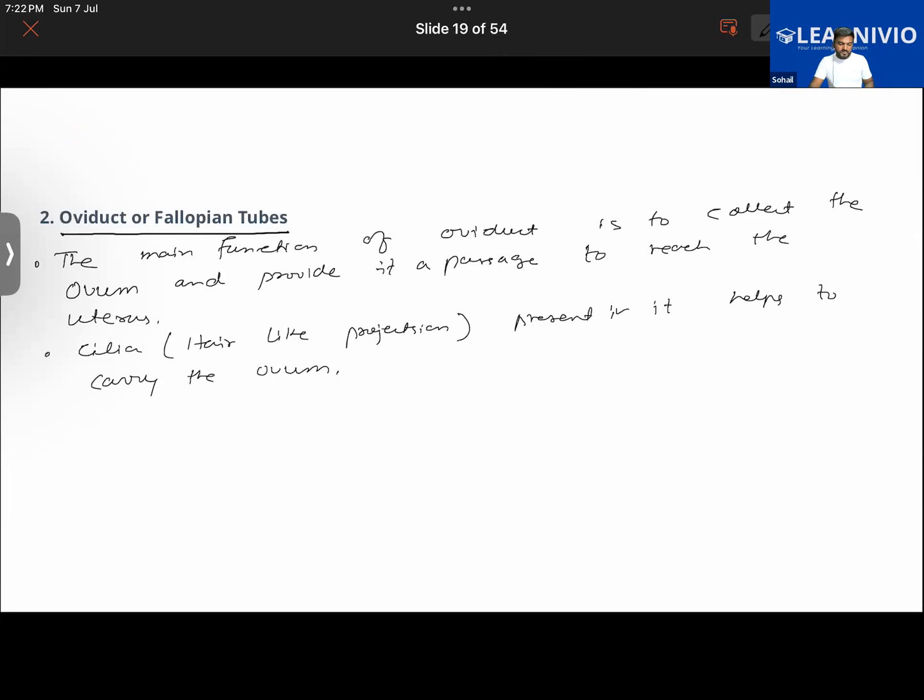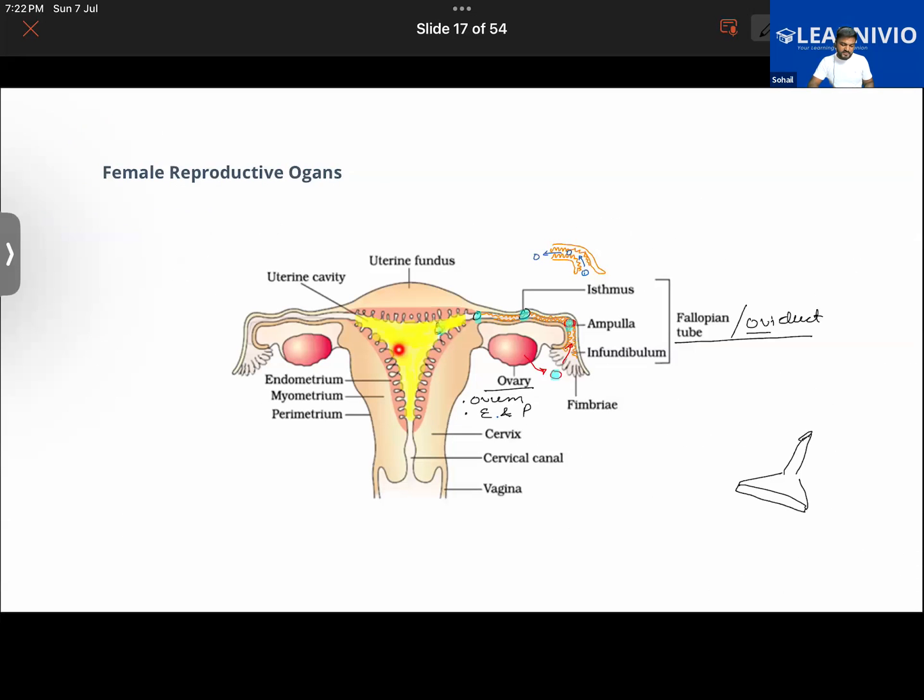Next, we are going to learn about the uterus. Let us learn about the uterus. So write this topic, uterus. Remember this structure over here, this uterus, this is what we are learning about now. So what happens when the sperm cells manage to reach the uterus?